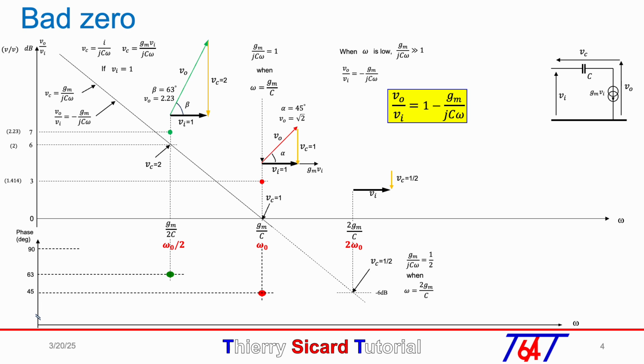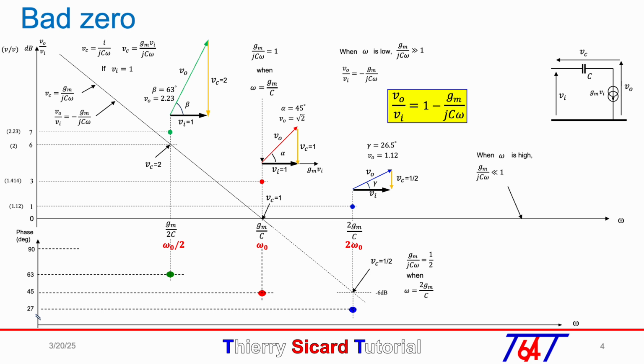Then plot vector Vout to get the phase of 26.5 degrees and an amplitude of 1 dB, meaning 1.12. As omega approaches infinity, gm over Cω is very small compared to 1. As Vc approaches 0, Vout over Vin equals 1.